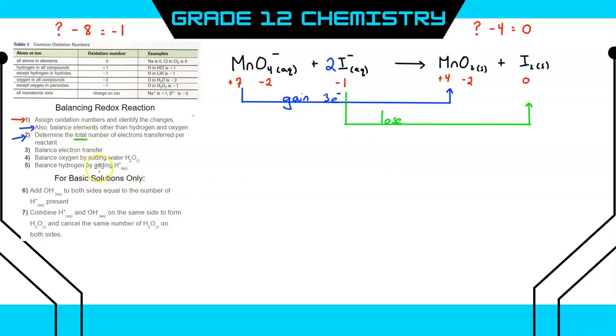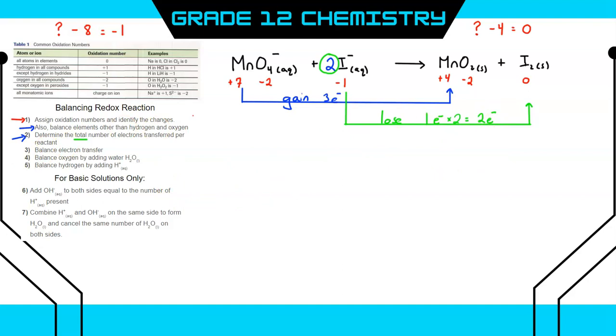Total. Okay, it looks like from -1 to 0, we are losing 1 electron. However, we have 2 of them. Okay, so we're going to have to multiply that by 2. So we are losing, essentially, 2 electrons. Okay, that was the tricky thing there.